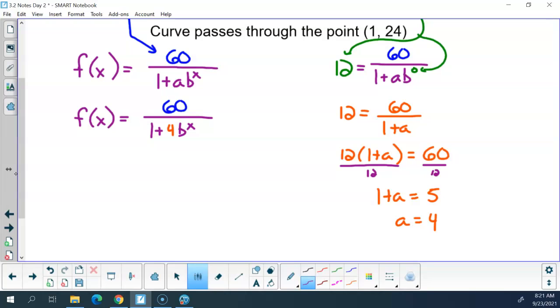Okay, so what's going to go where? Okay, so we're going to have 24 here equaling 60 over 1 plus 4b to the first power. Now what?